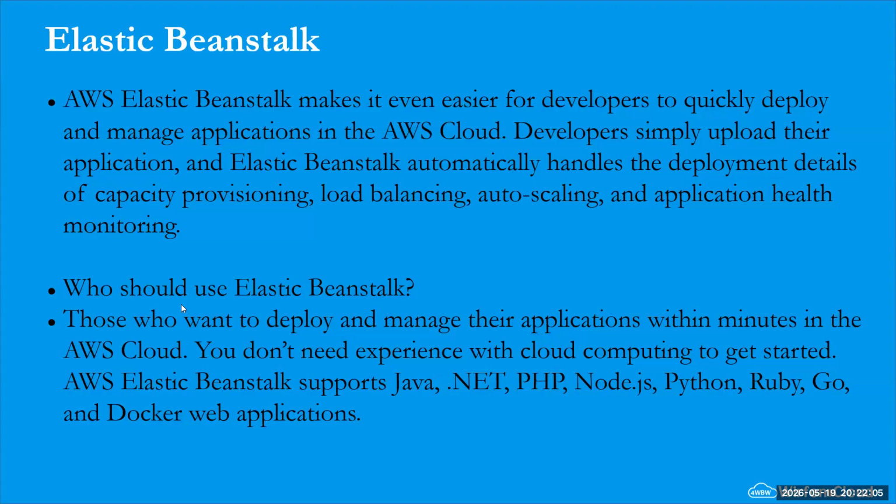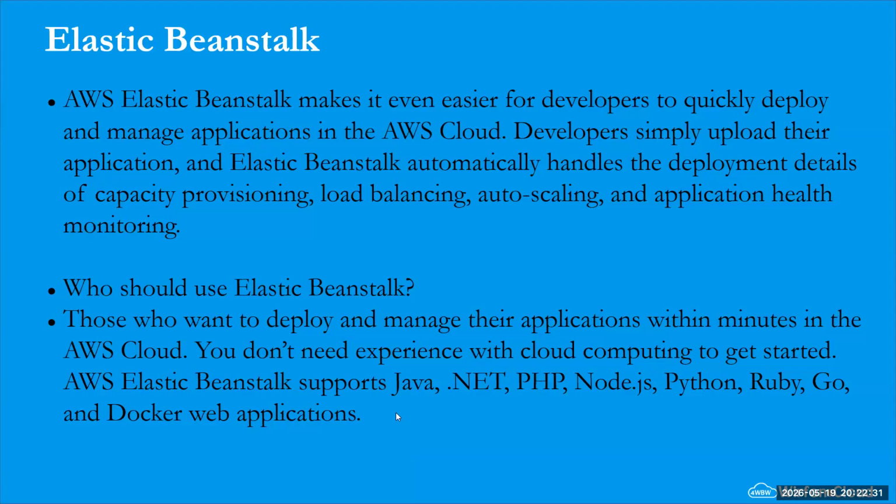So who should use Elastic Beanstalk? Those who want to deploy and manage their applications within minutes in the AWS cloud. You don't need experience with cloud computing to get started. AWS Elastic Beanstalk supports Java, .NET, PHP, Node.js, Python, Ruby, Go, and Docker web applications. So if you've been doing development in any of these languages, and you are going to AWS, you don't need to waste so much time studying.